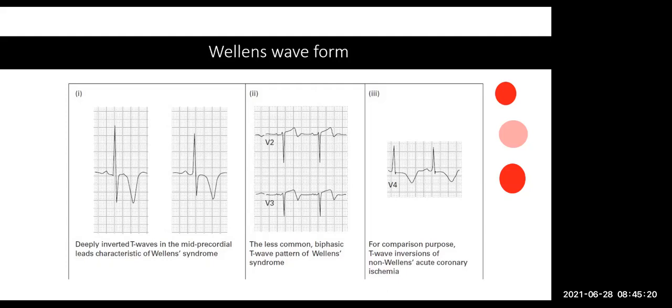But the most important thing is to remember deep symmetrical T waves in these precordial leads. Could be Wellens and could be pulmonary embolus as well. Generally with pulmonary embolus, your patient has pain, dyspnea, all those things that come along, and they generally have a right-sided axis as compared to our patient that didn't have.